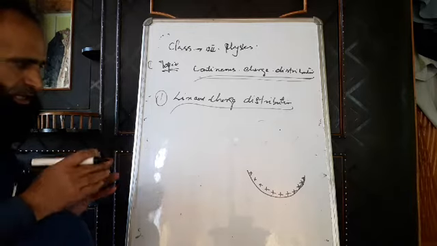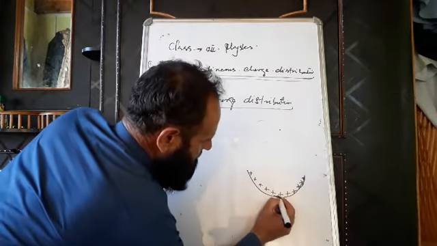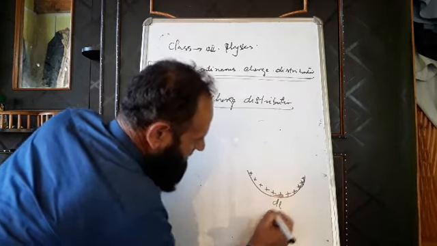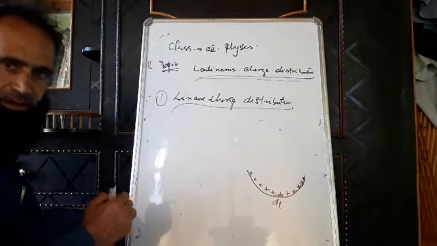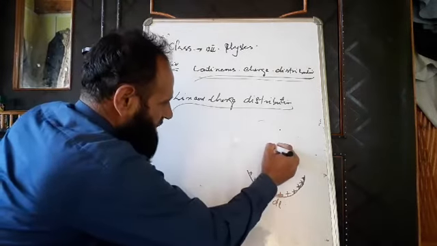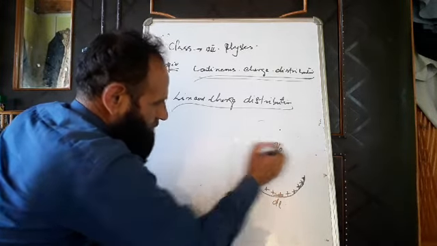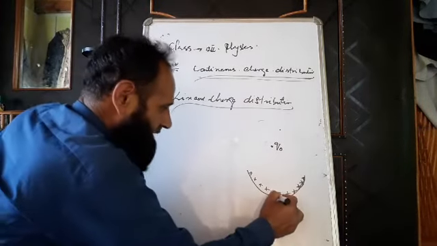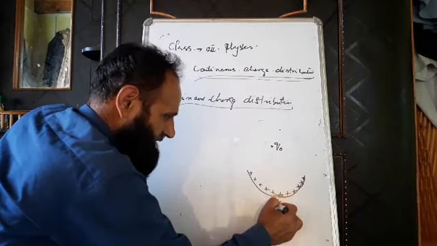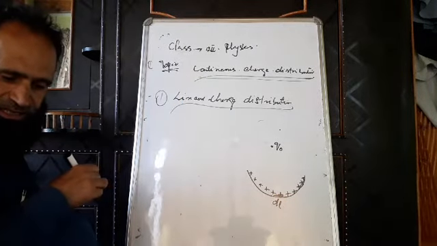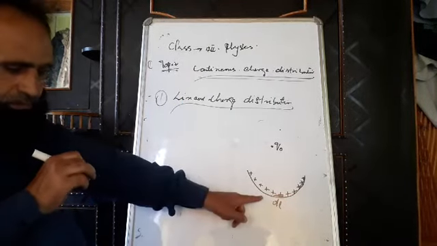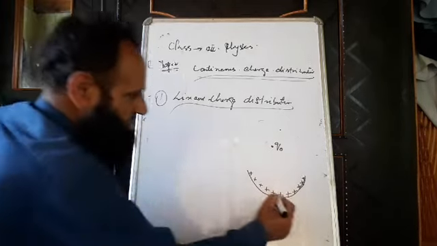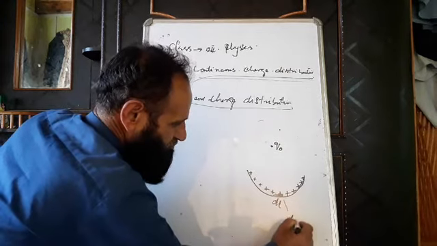Let us take any charge element. Let us take its small length dl. Let us take here a positive test charge Q naught. So this charge element dl may provide how much charge? Small charge dq.